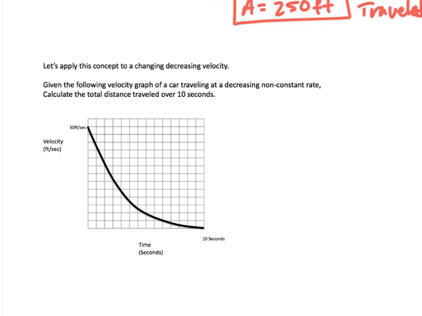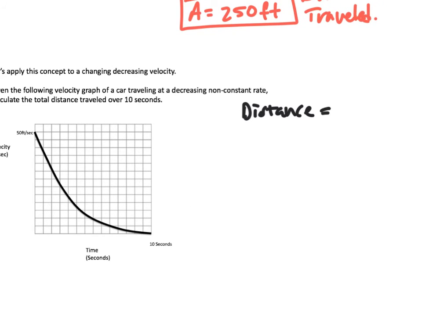This is something more typical of driving a car and coming to a complete stop. The same thing applies: our distance is still going to be the integral between 0 and 10 of v of t dt. That's our distance.